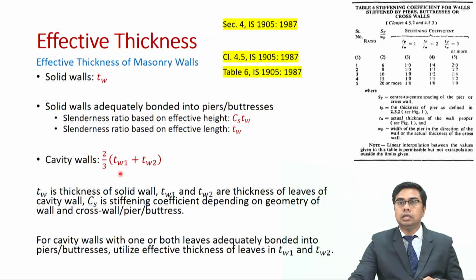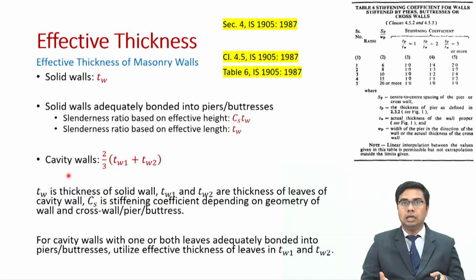So, TW1 is the effective thickness of the first leaf of the cavity wall, and TW2 is that for the second leaf. Now, again, since these two leaves comprise of solid walls in their own right, therefore TW1 and TW2 should also be modified based on the stiffening coefficient using the same table 6.